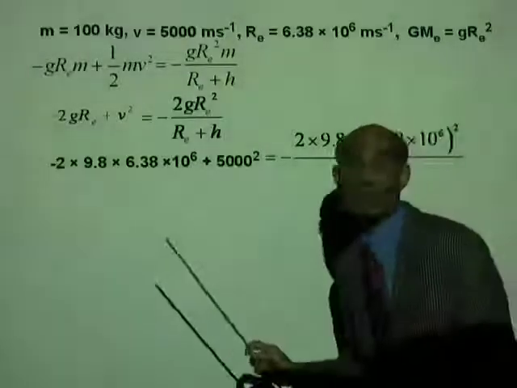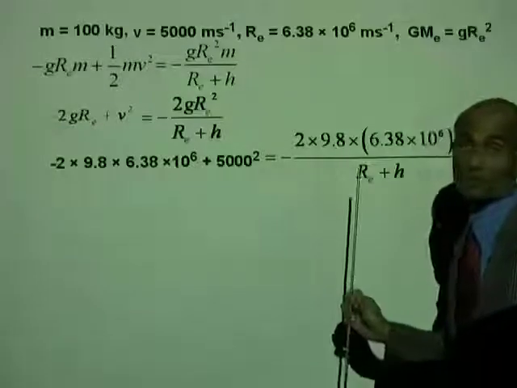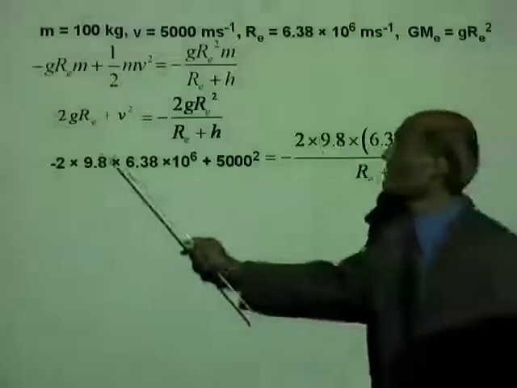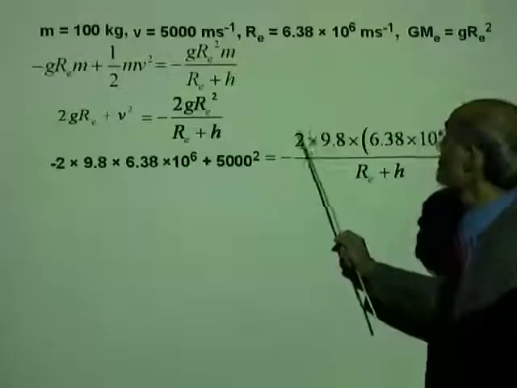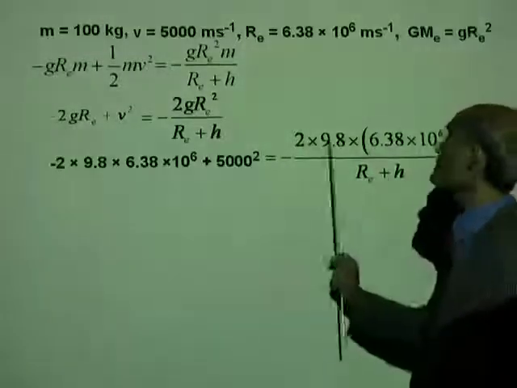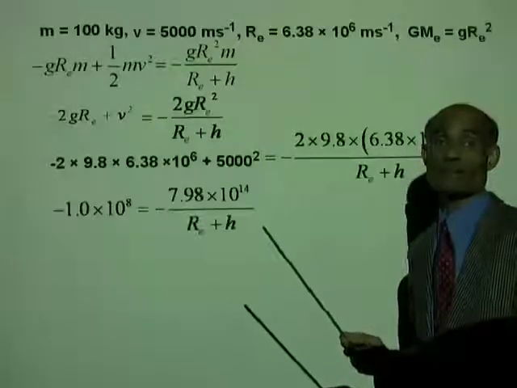You need to now use your calculator to figure it out. Would you like to do that with me? Simplify the left hand side on your calculator and simplify the numerator of the right side.